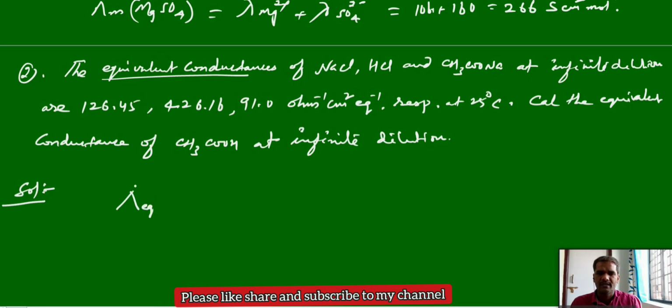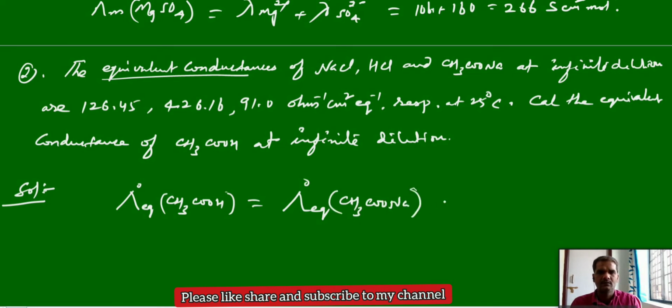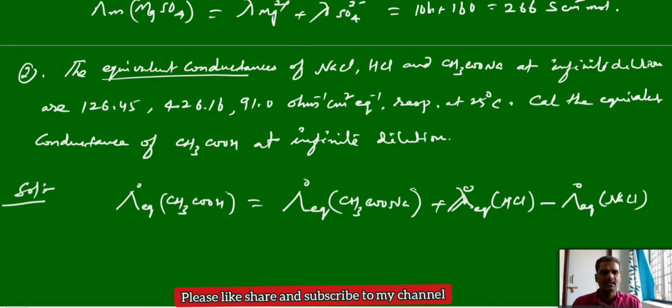The equivalent conductance of acetic acid at infinite dilution equals the equivalent conductance of sodium acetate plus the equivalent conductance of HCl at infinite dilution minus the equivalent conductance of NaCl. Just the acetate ion and H plus we require, Na and Cl minus we have to remove.